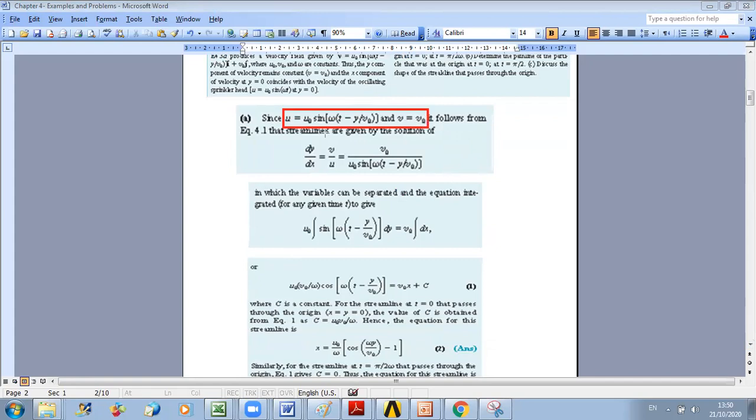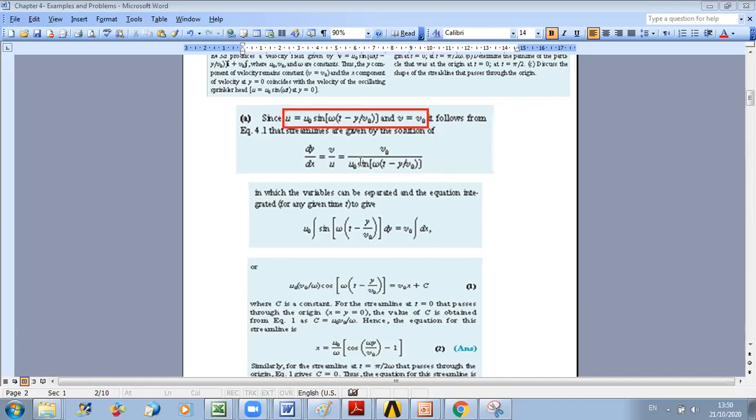To find the streamline equations, we need dy over dx equal to v over u, where v is equal to v0, while the u component is u0 sine of omega t minus y over v0. Once you write this equation, what is the next step?